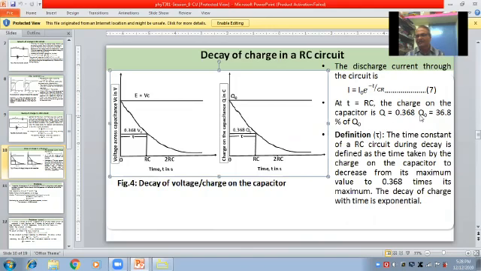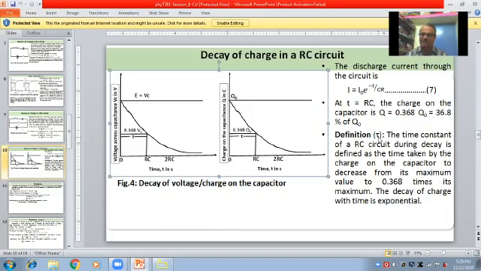0.368 Q naught, or 36.8% of the Q naught value. That means when the capacitor starts discharging and when T is equal to RC, at this time the charge on the capacitor decreases to 36.8% of its maximum value.